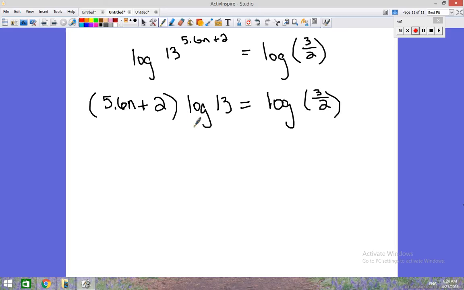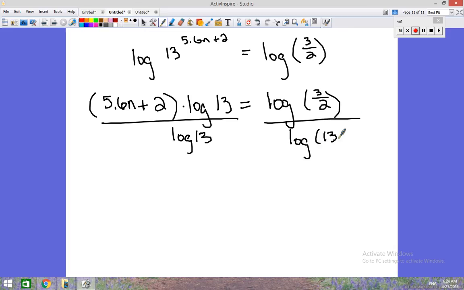Alright, since this is multiplication, and I'm trying to get the n by itself, I'm just going to divide each side by the log of 13. Log of 13 divided by log of 13 is 1.